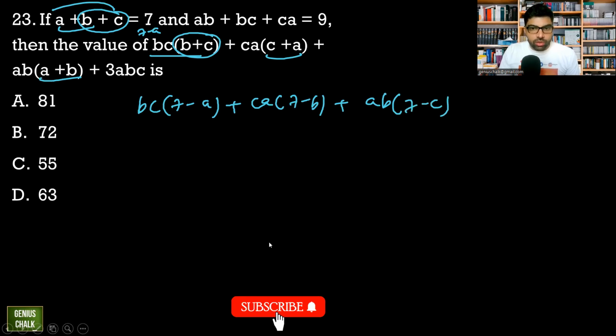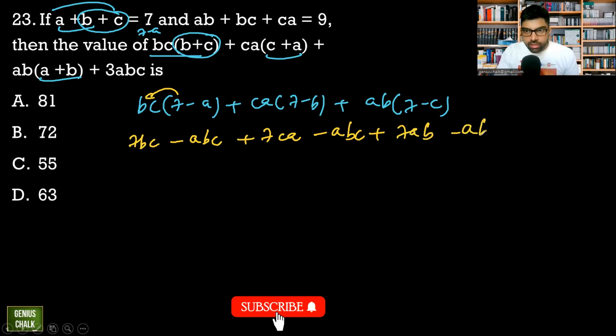Now just use this. If you solve BC plus CA, and all this is given already. So if you multiply, 7 BC minus ABC, 7 CA minus ABC, 7 AB minus ABC. And then it is 3 ABC also given, right?